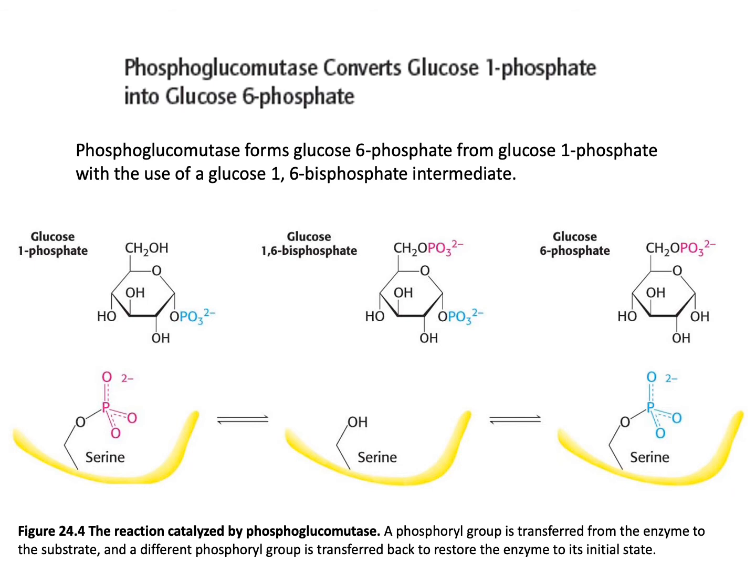Through this enzyme, a phosphate group is transferred from the enzyme to the substrate, and a different phosphate group is transferred back to the enzyme to return it to its initial state.